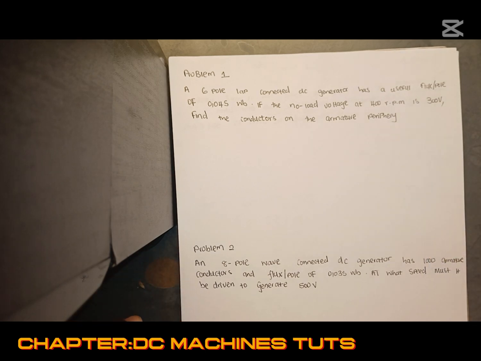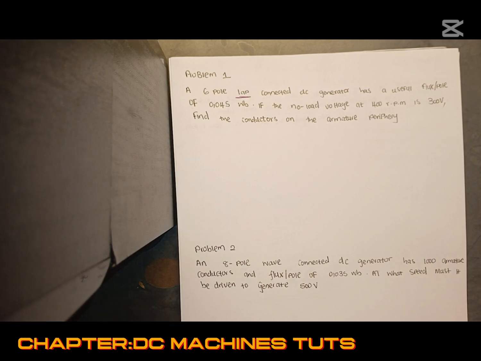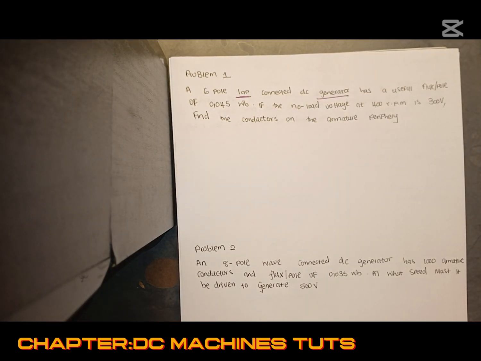Right, now a 6-pole lap, very important. A 6-pole lap connected to a DC generator, very important, has a useful flux per pole of 0.045 Webers. If the no load voltage at 400 RPM, so we know that this is our N, is 300 volts, that means this one is our induced EMF.